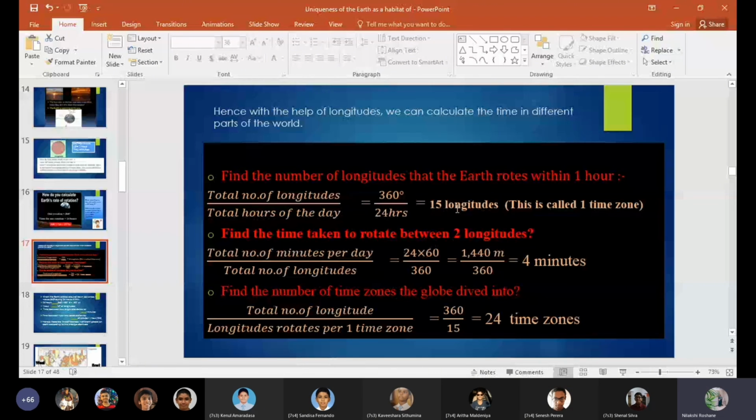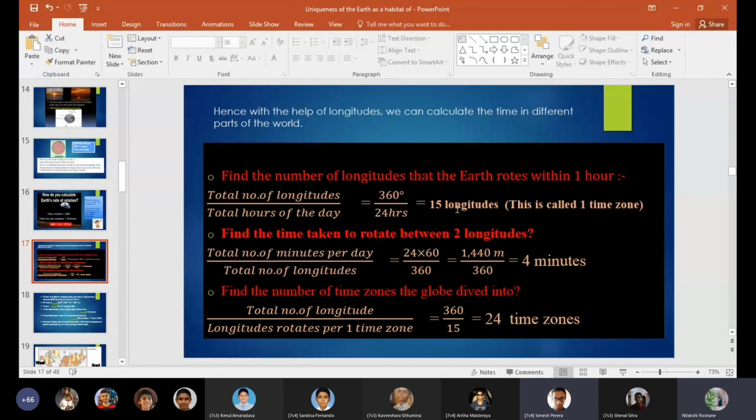So to convert hours to minutes, we multiply 24 by 60, and you get the answer as 1440 minutes. So the total number of minutes per day is 1440 minutes.